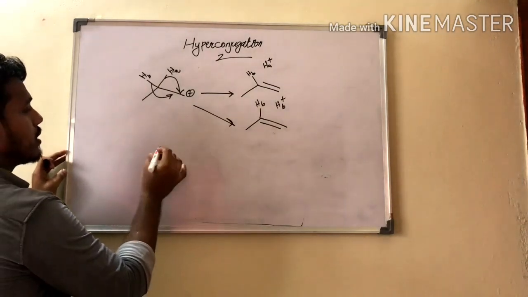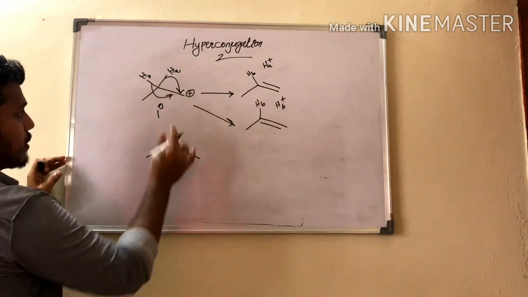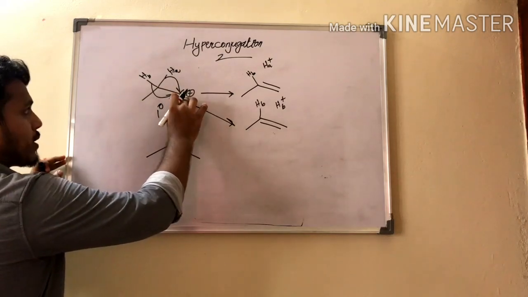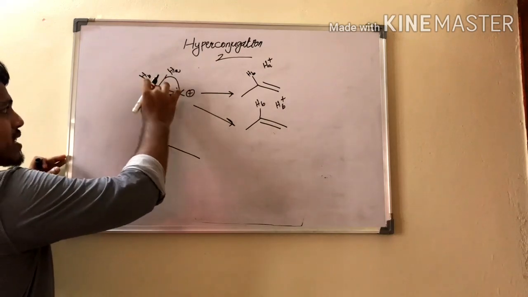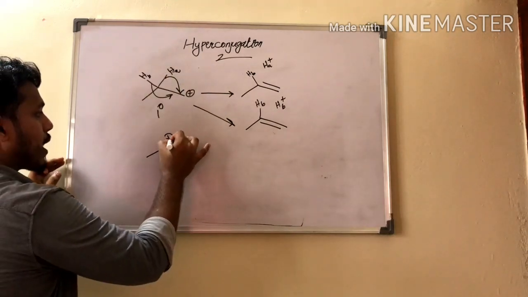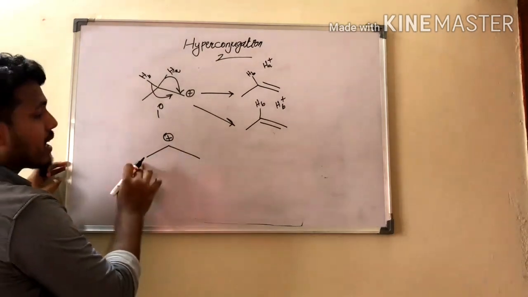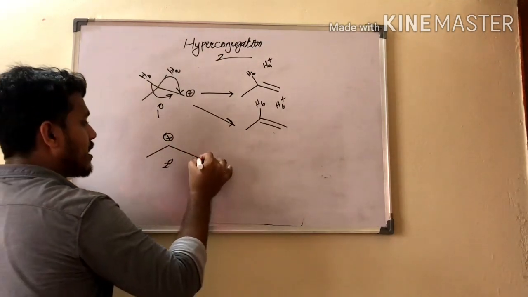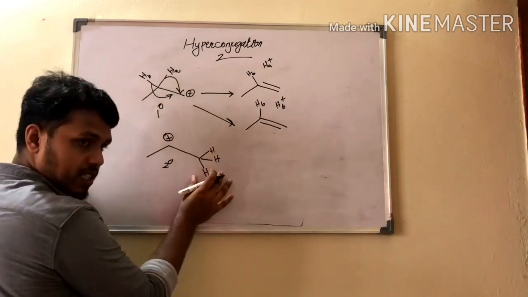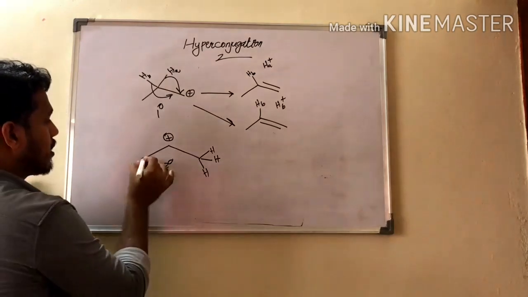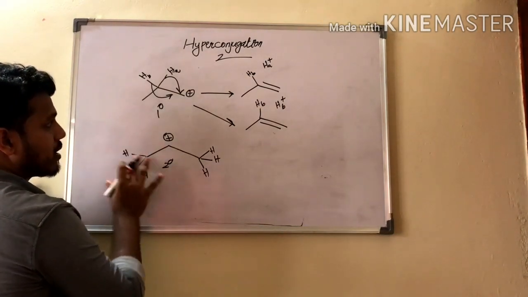Suppose your structure is like this, this is a primary carbocation. Why? Because the carbocation bearing carbon is attached to one carbon, that's why it is primary. Now here, the carbocation bearing carbon is attached to two different carbons, so it is secondary. Here you can expect how many hyperconjugations? 3 from this alpha carbon, 3 from this alpha carbon.